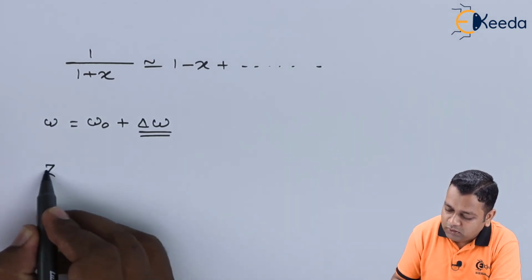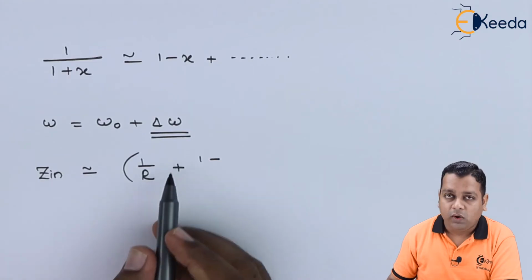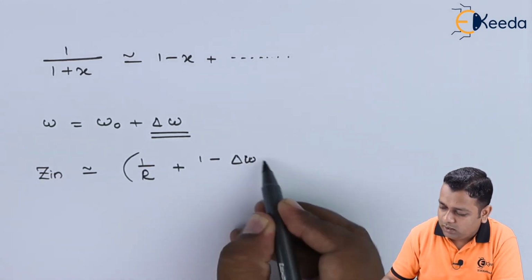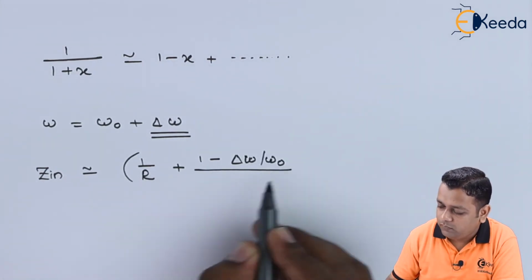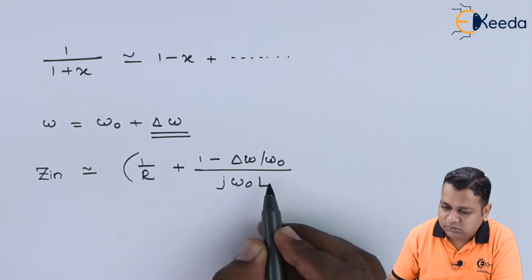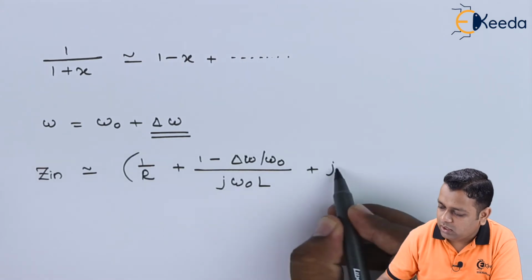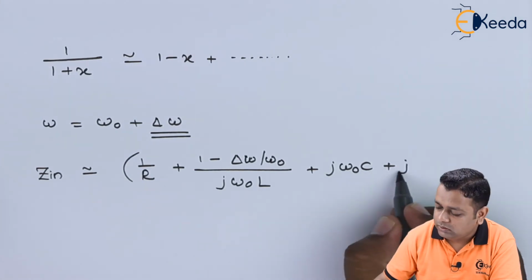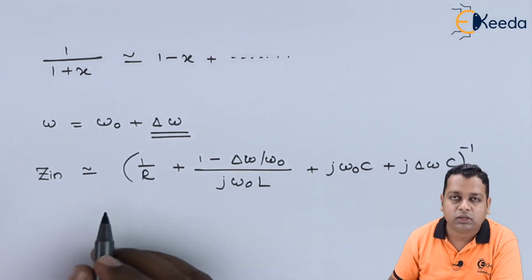This gives the approximation of input impedance Zin equal to the form 1 by R added to 1 minus delta omega divided by the resonant angular frequency omega 0, all divided by J times omega 0 times the inductance value capital L here. Next, we have the third term, J times omega 0 into capital C, and the last term, J times delta omega into capital C. So this is all raised to the inverse here.